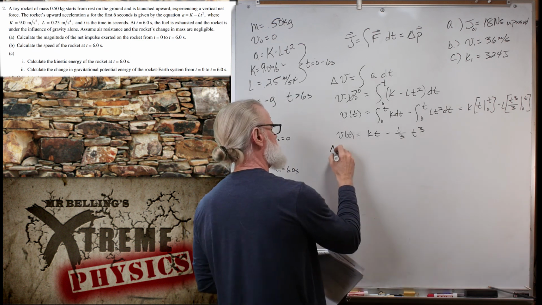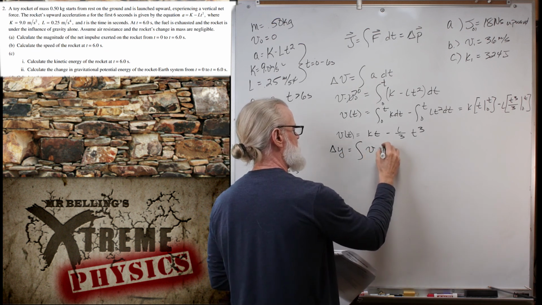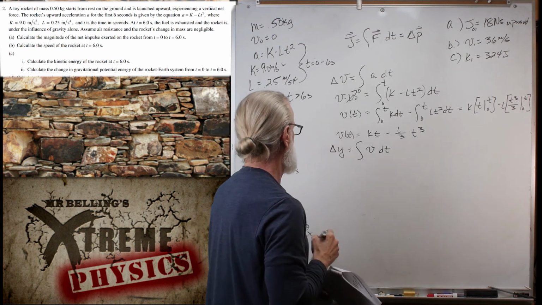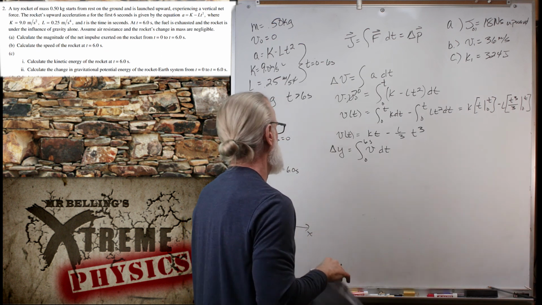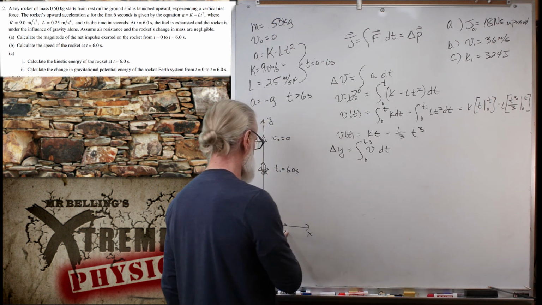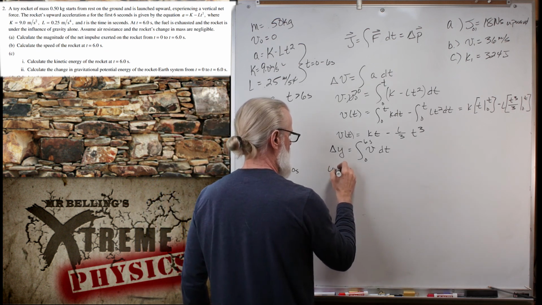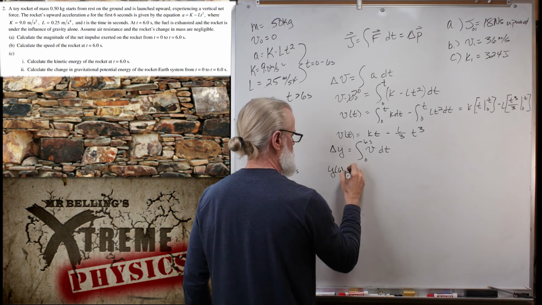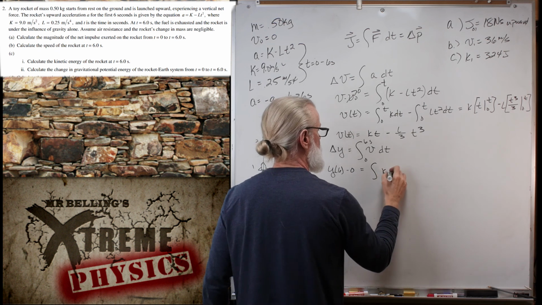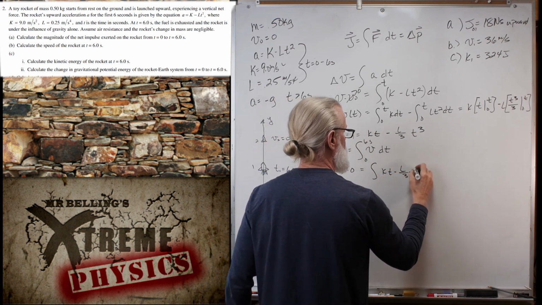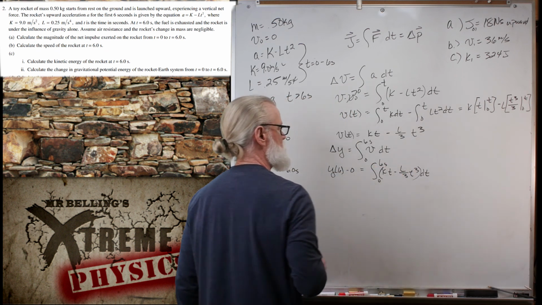We know delta y is going to be the integral of vy dt. We go with a definite integral here, 0 to 6 seconds, and it starts at position 0. So delta y is just y at 6 seconds minus 0, equals the integral of kt minus L over 3 t cubed dt as we go from 0 to 6 seconds.